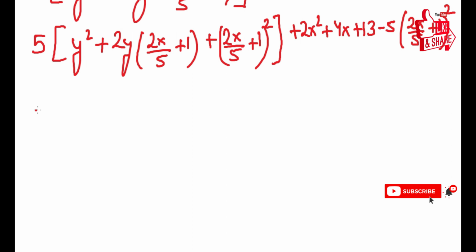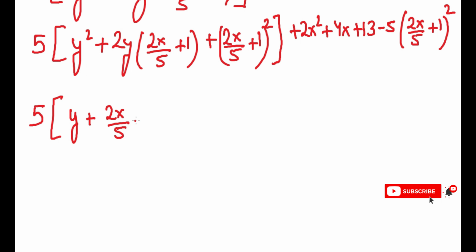Now let's complete the whole square. So 5 outside this square bracket, y plus 2x by 5 plus 1, taken separately, and then the whole square, because we are applying the completing the whole square method, a square plus 2ab plus b square, so it is a plus b whole square.